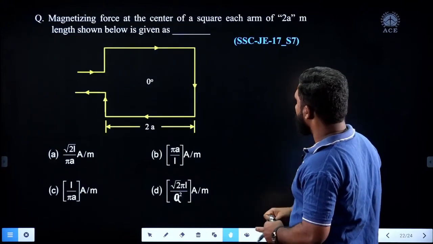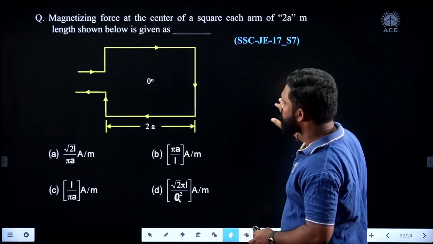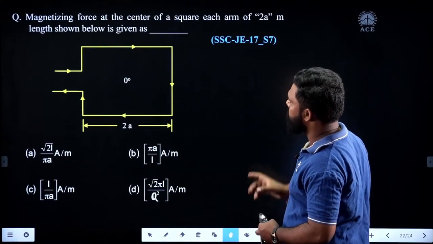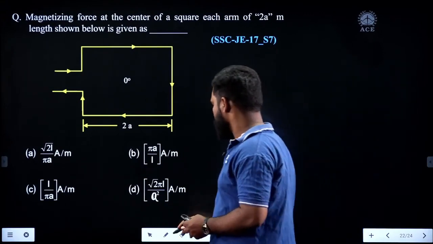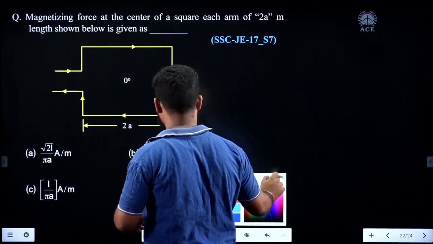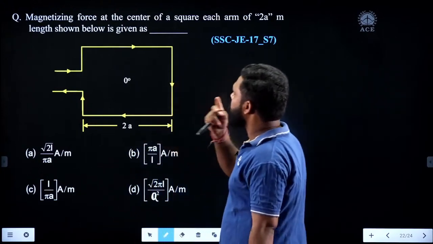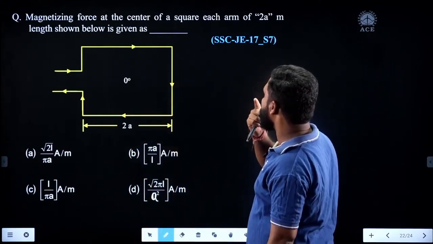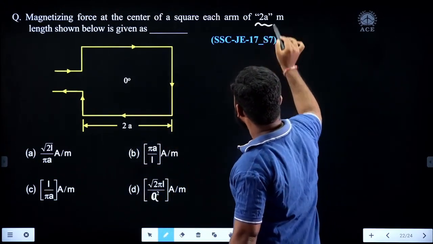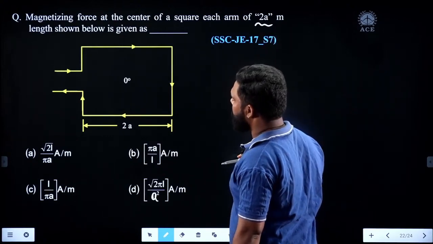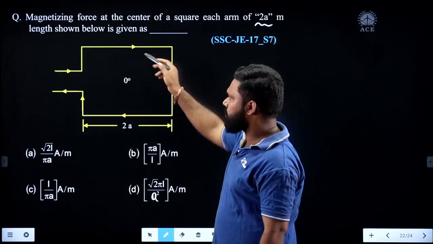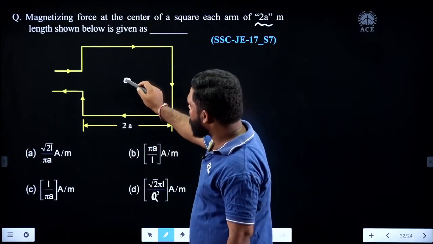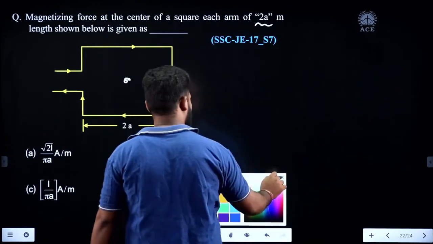Observe this question. This was one of your previous questions. Magnetizing force at the center of the square, each arm length 2a, shown in the below figure is. So this is carrying the current I, and it is asking what is the magnetic field intensity at the center.